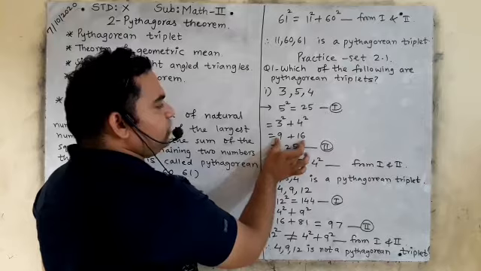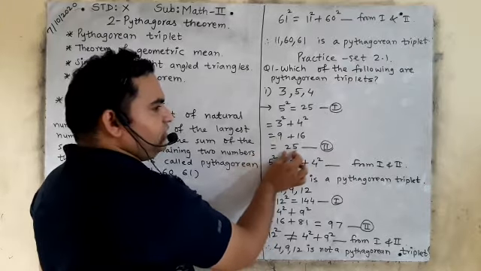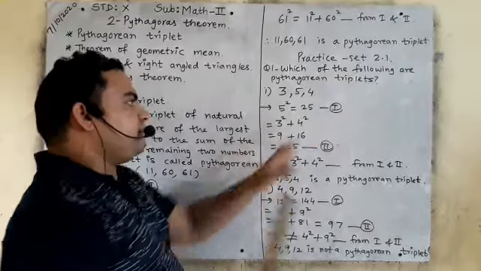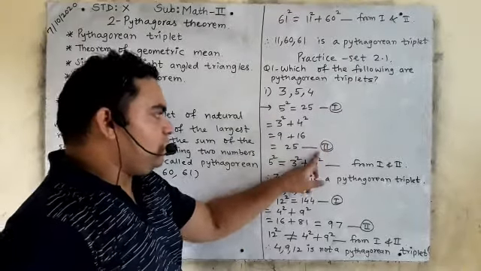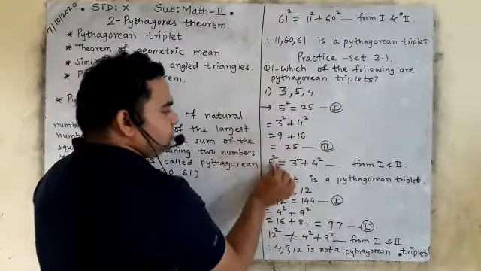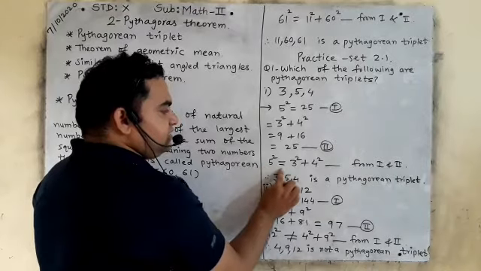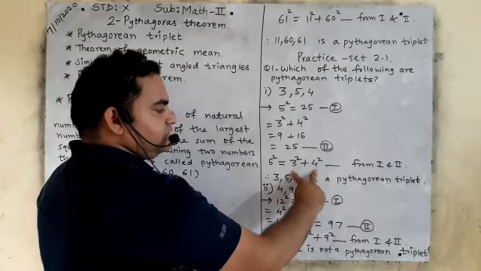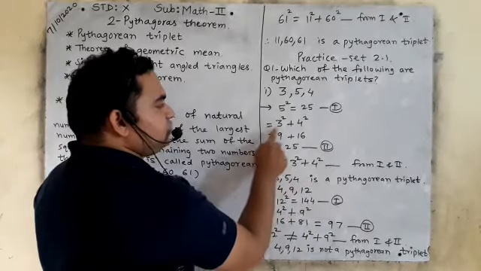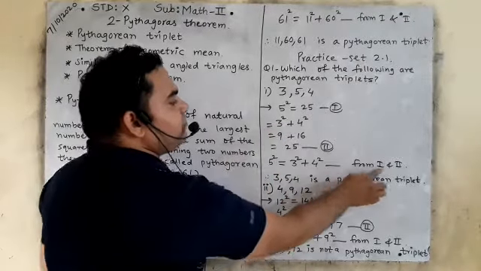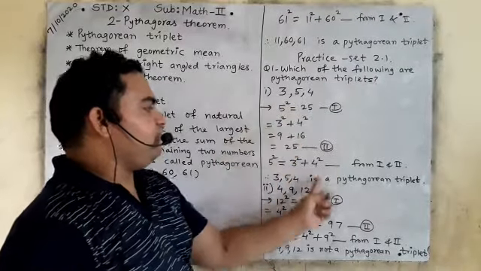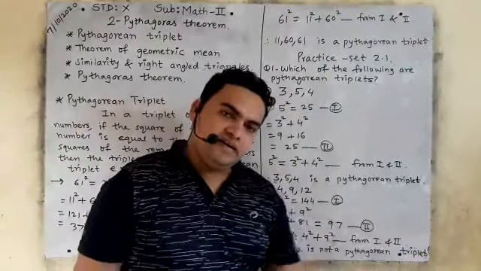The sum of the squares of the two remaining numbers is 25, which is equal to the first answer. If answer 1 and answer 2 are equal, we write the square of the largest number is equal to the sum of the squares of the two remaining numbers. 5 square is equal to 3 square plus 4 square, from first and second. So therefore the given triplet 3, 5, 4 is a Pythagorean triplet.